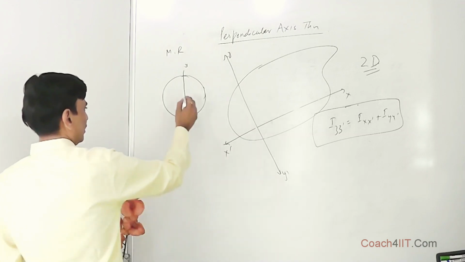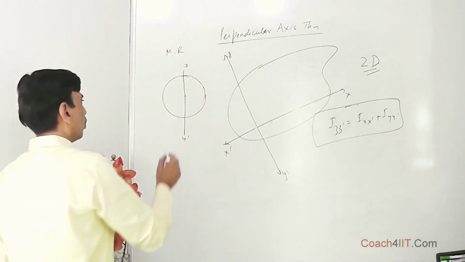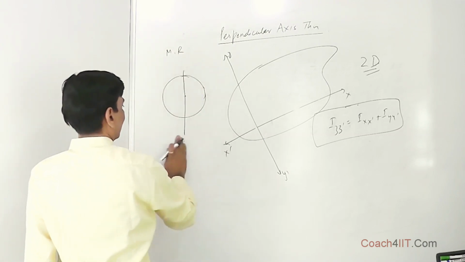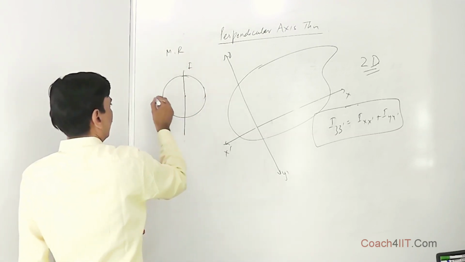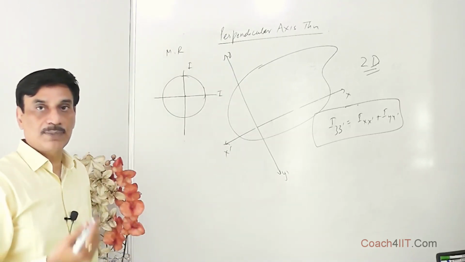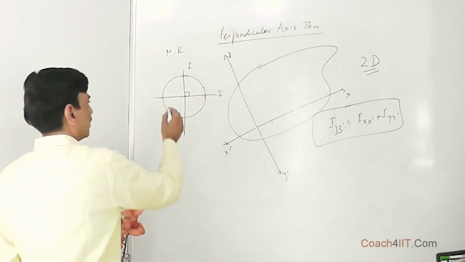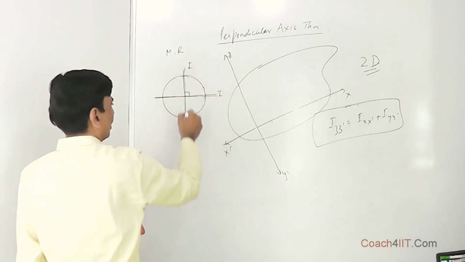We can say that obviously this is a lamina, the thickness is almost equal to 0. So whatsoever is the moment of inertia about this axis, let's say I, about this axis will also be I. Obviously that is a symmetrical distribution, the same distribution. These two axes we can take as perpendicular to each other. So if this represents I x dash, this represents I y dash.